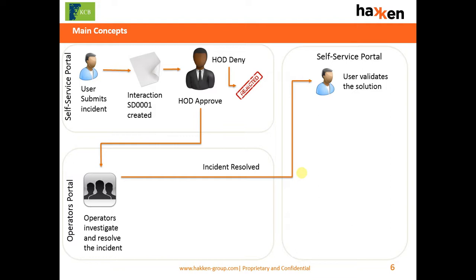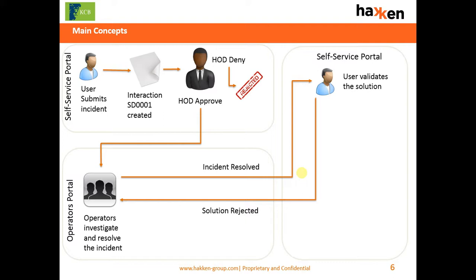So if the user, for example, submits an incident regarding the email account, for example, I cannot access my email account, there's an operator investigating and resolving, and then the incident is resolved. But the user tries to access the email account and he is not able. So in that case, the user will reject the solution.